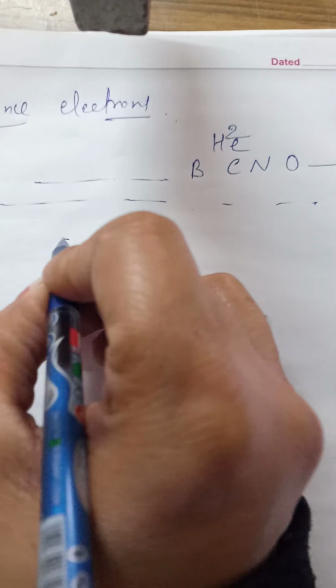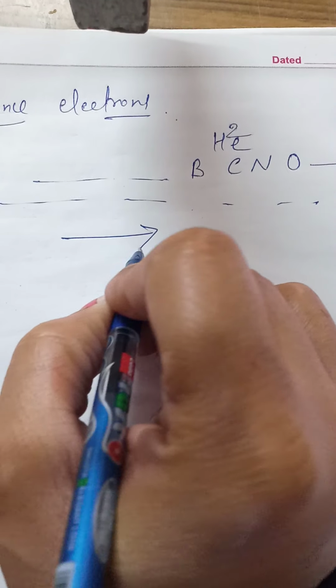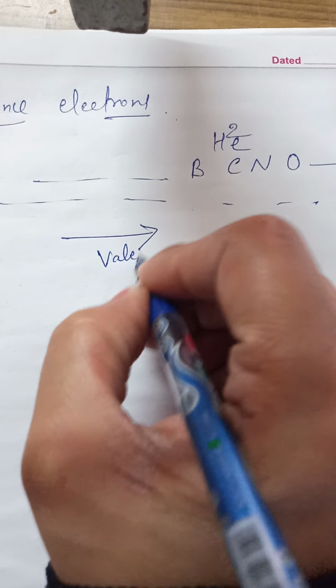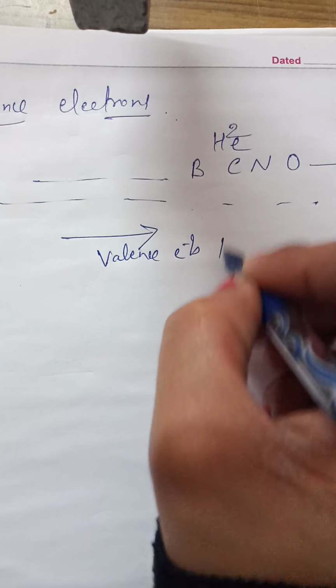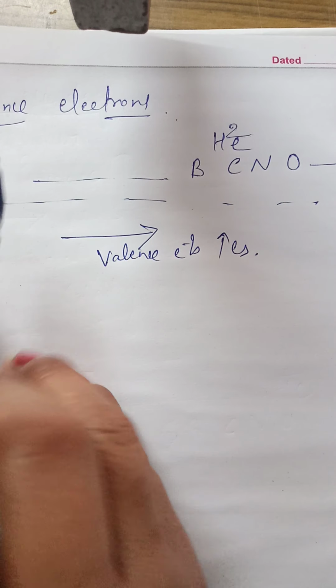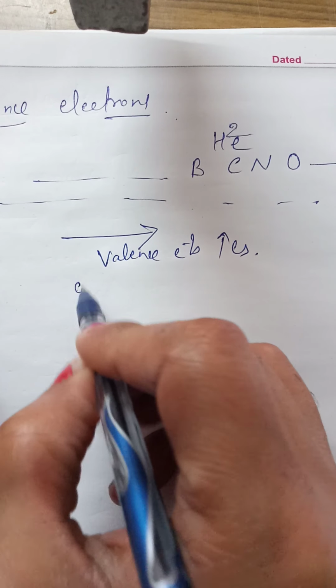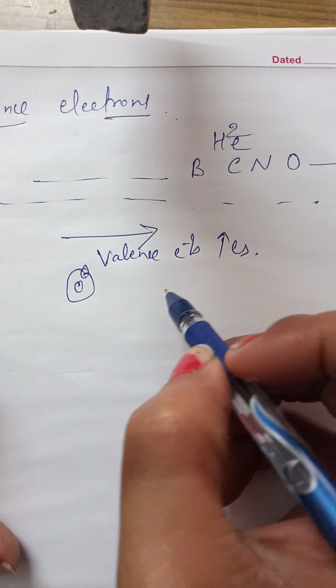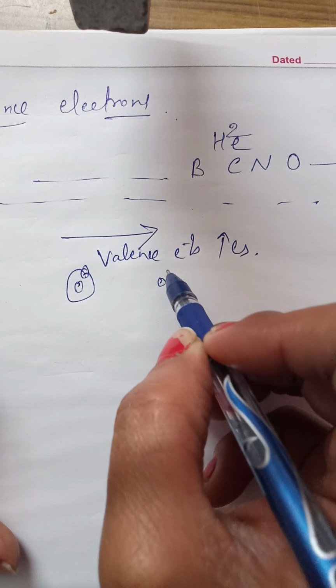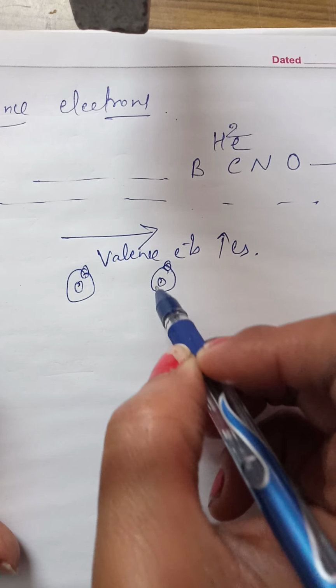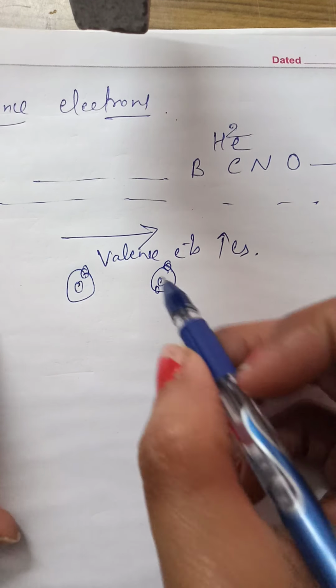As we move from left to right along a period, the valence electrons increase, because in the first element, hydrogen, we have only one valence electron which is occupied here. In the second element, helium, we have two valence electrons.